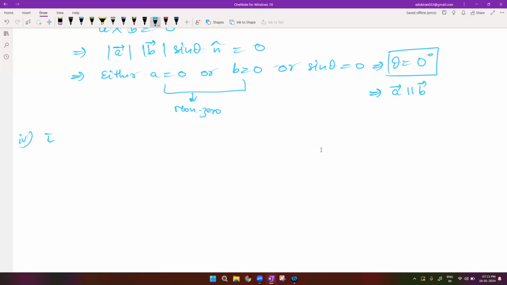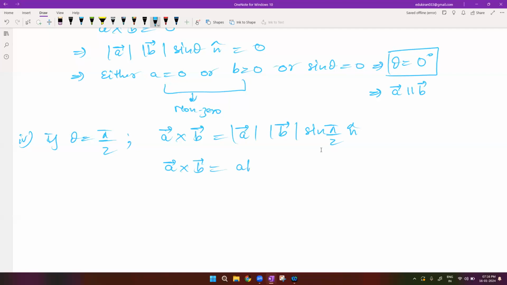So if theta is equal to 90 degrees, then observe what happens with A cross B. A cross B becomes this into sine 90. And what is the value of sine 90? That is 1. So A cross B becomes A, B, n cap.